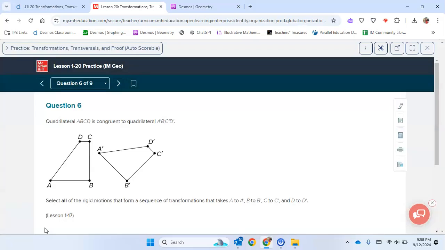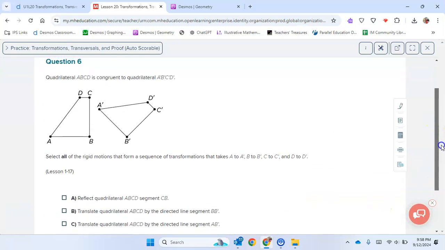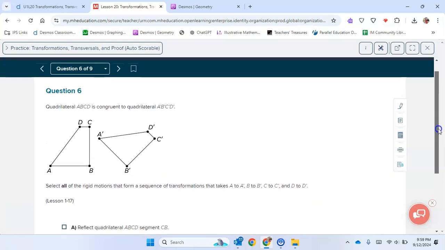Question 6. Quadrilateral ABCD is congruent to A prime, B prime, C prime, D prime. Select all the rigid motions that form a sequence of transformations that takes A to A prime, B to B prime, C to C prime, and D to D prime.